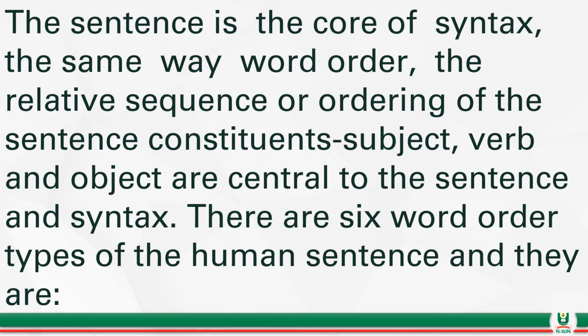The same way, word order and relative sequence or ordering of a sentence constitutes subject, verb, and object. And these are central to sentence and syntax. There are 6 word orders, and these 6 word orders are what human sentences usually take.